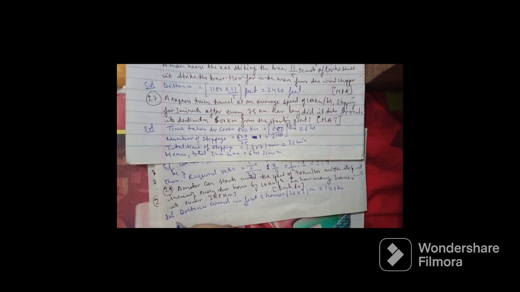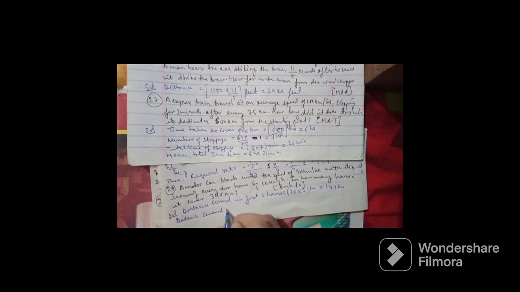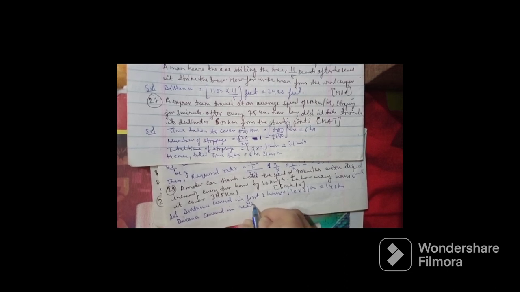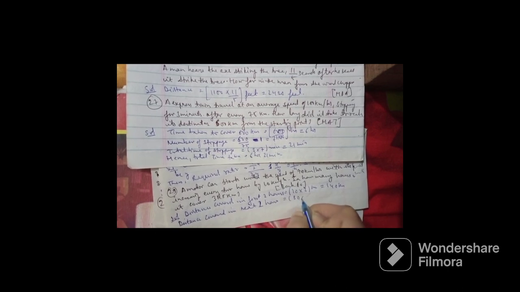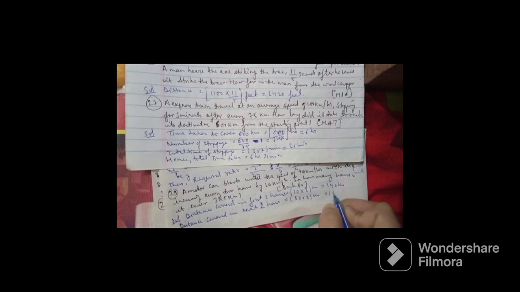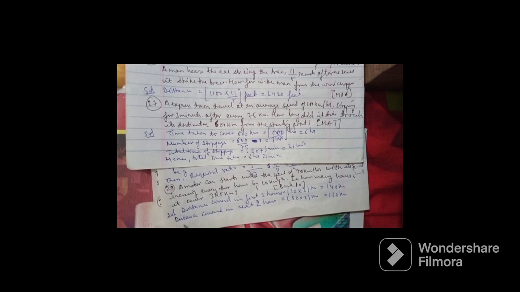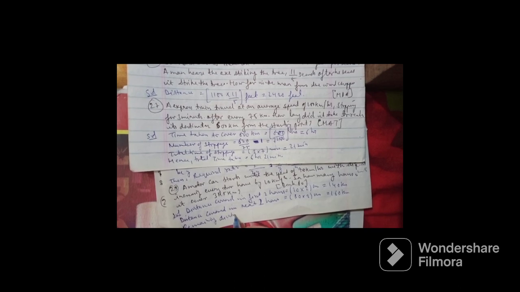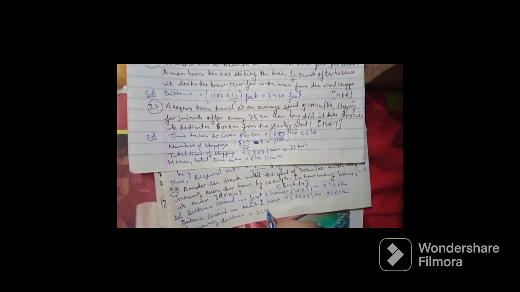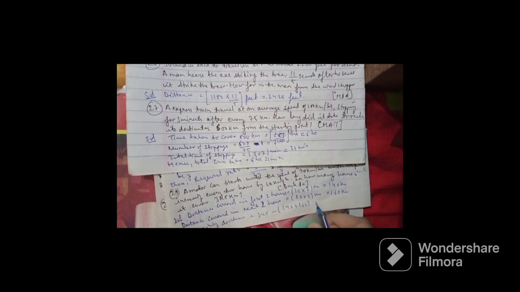Distance covered in next 2 hours equals 80 into 2 kilometers, which equals 160 kilometers. Remaining distance equals 345 minus (140 plus 160), equals 45 kilometers.